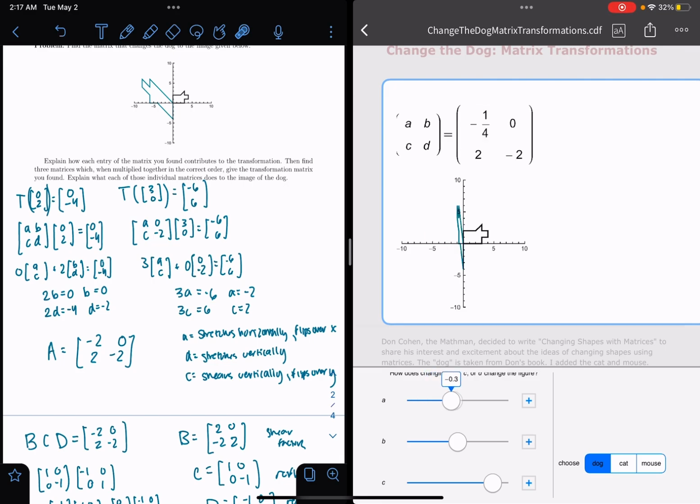So if we move the A around, you can see that happening. You can see it flip over the, did I say that wrong? Flip over the y-axis, not the x-axis. But you can see how that changes. So I'll go ahead and put it back to -2.